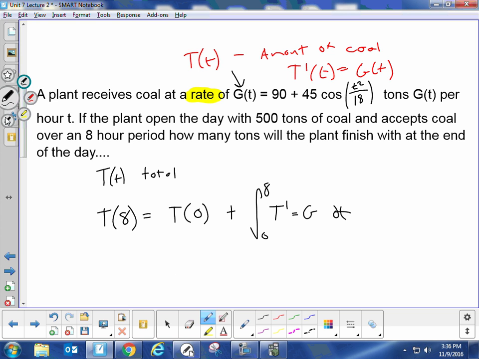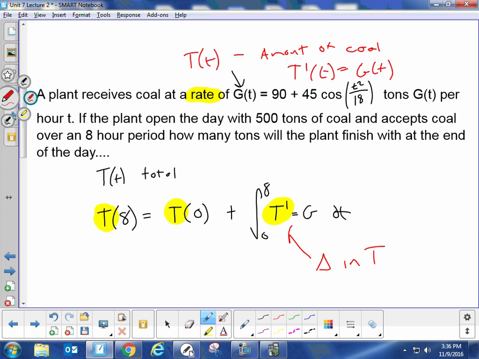Now, here's the important thing. For this to work, you need your function, its derivative. The area under a derivative is the change in its antiderivative. This is going to give me the change in the total amount of coal. It essentially gives me how much coal is being added by finding the area under the rate at which coal is being entered.